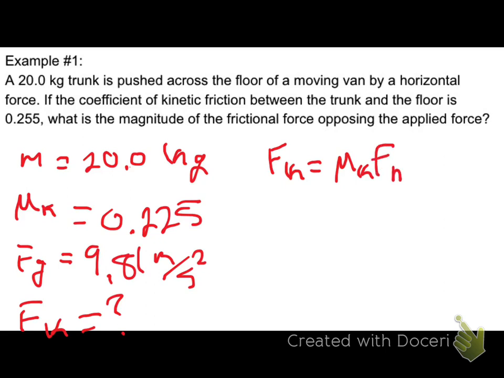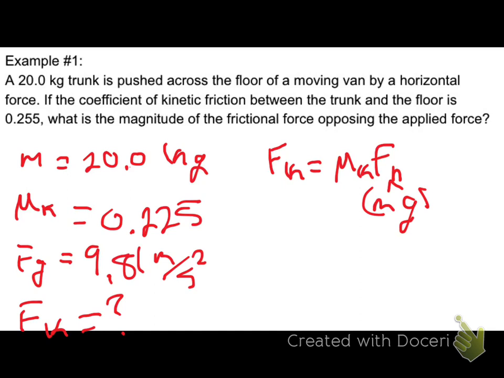And if you remember, normal force is equal in magnitude to the force of gravity, so it would be mass times gravity subbed in for the normal force, which is why it's important that we know gravity. The reason gravity is not shown as negative here is because while the force of gravity is down, the normal force is up. So it will be opposite in sign.